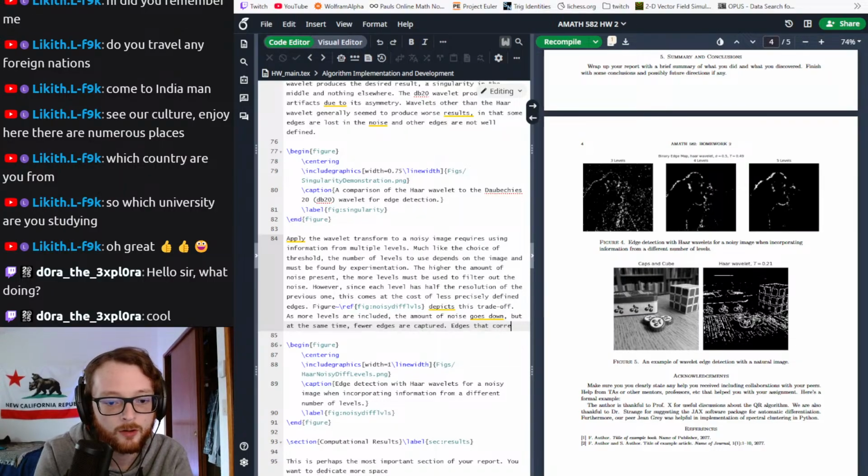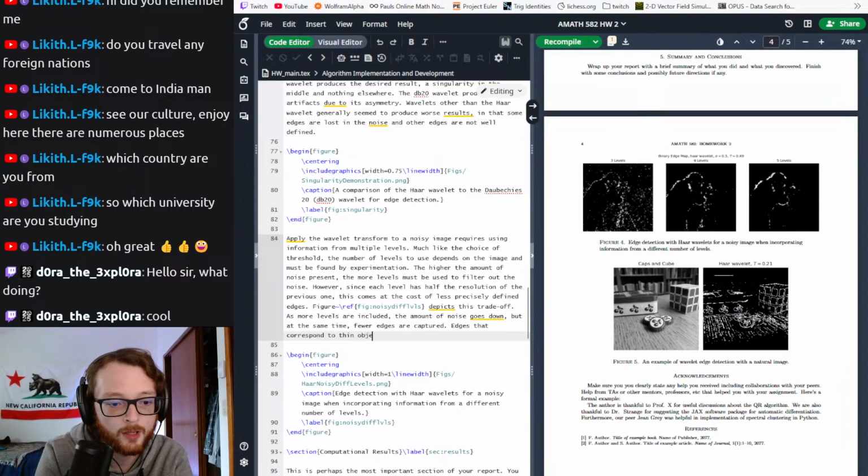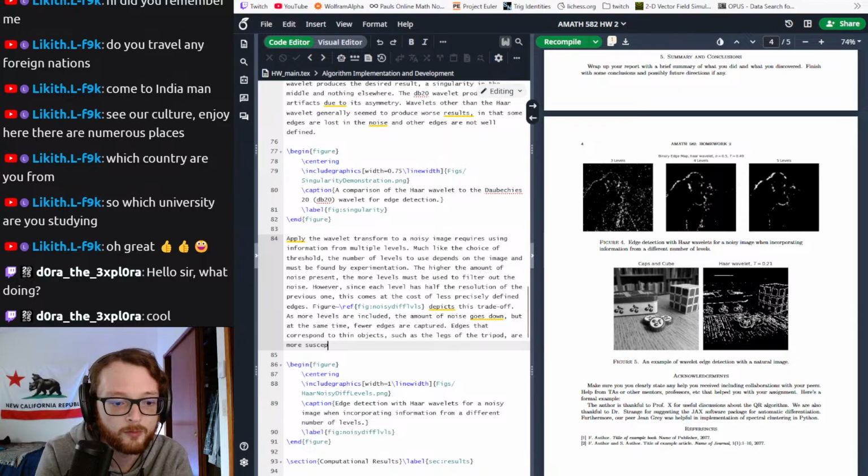Edges that correspond to thin objects, such as the legs of the tripod, are more susceptible to getting missed as more levels are used.